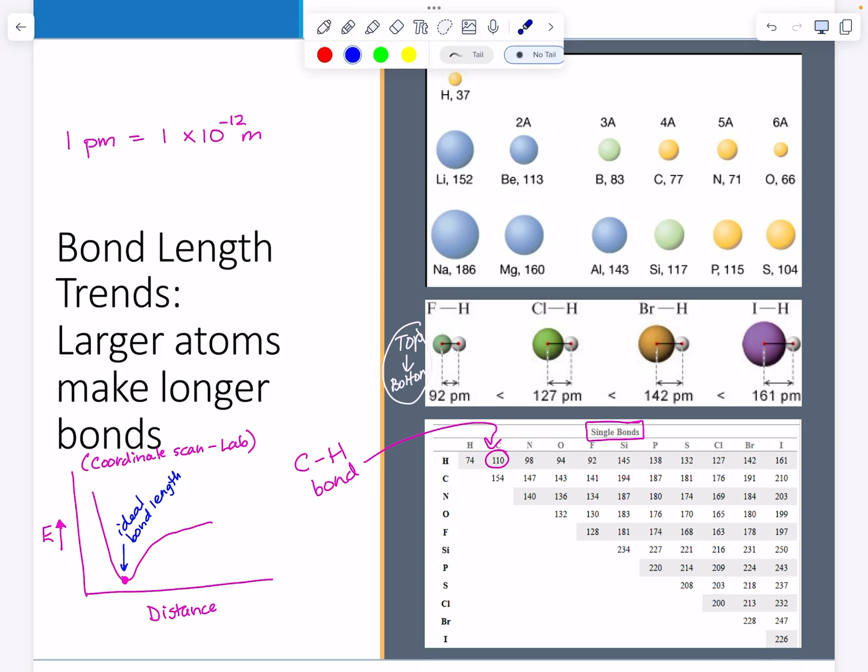So as we're going from top to bottom on the periodic table, our halogen is getting larger, and you'll notice our bond distance is getting longer. So the larger your atom, the longer your bond distance.